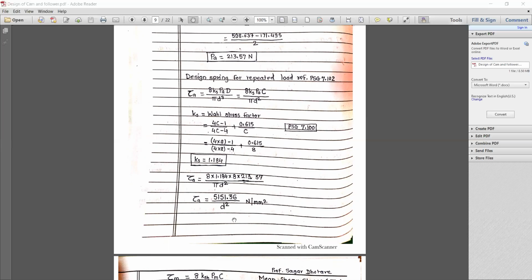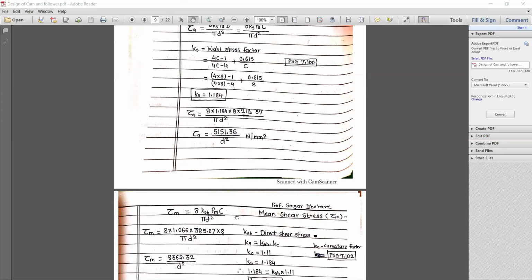Ks is equal to (4C minus 1) divided by (4C minus 4) plus 0.615 divided by C. So putting the value C equal to 8, Ks is equal to 1.184. There are two unknown parameters now, tau a and d. So we can get an equation: tau a is equal to 5151.36 divided by d square, in Newton per mm square.